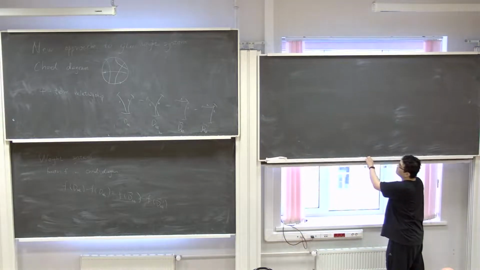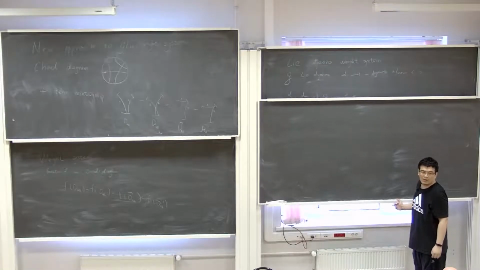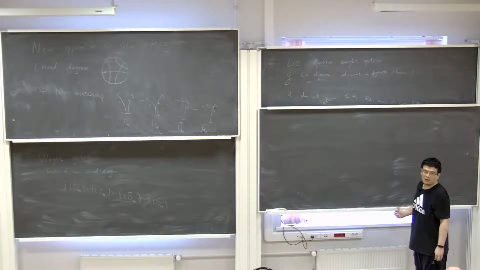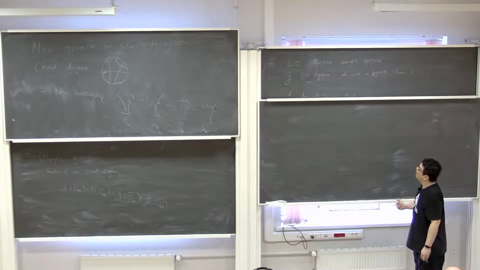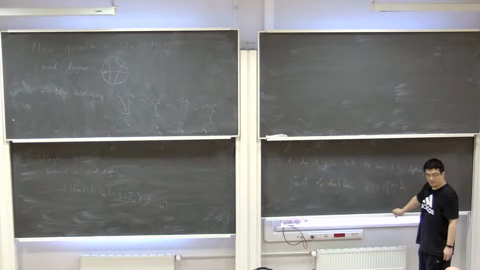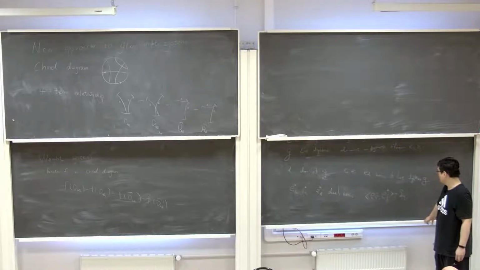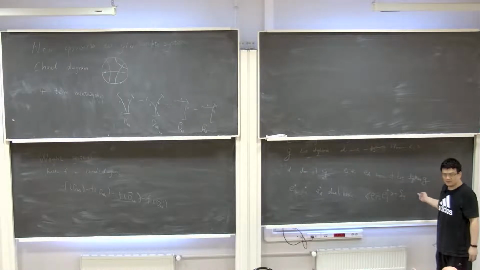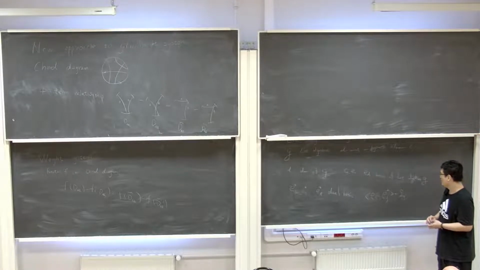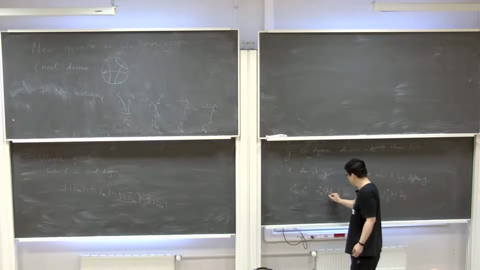So, please write down that both the E_i's and E_i stars are elements of G. Yeah, it's a base of G. And all the E_i stars also are elements of G. Just write that they belong to G.